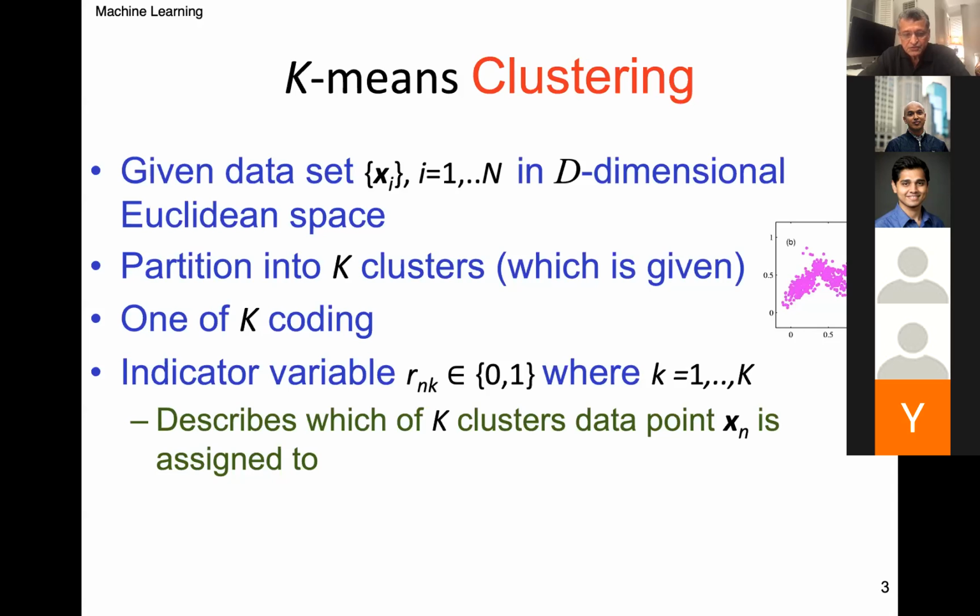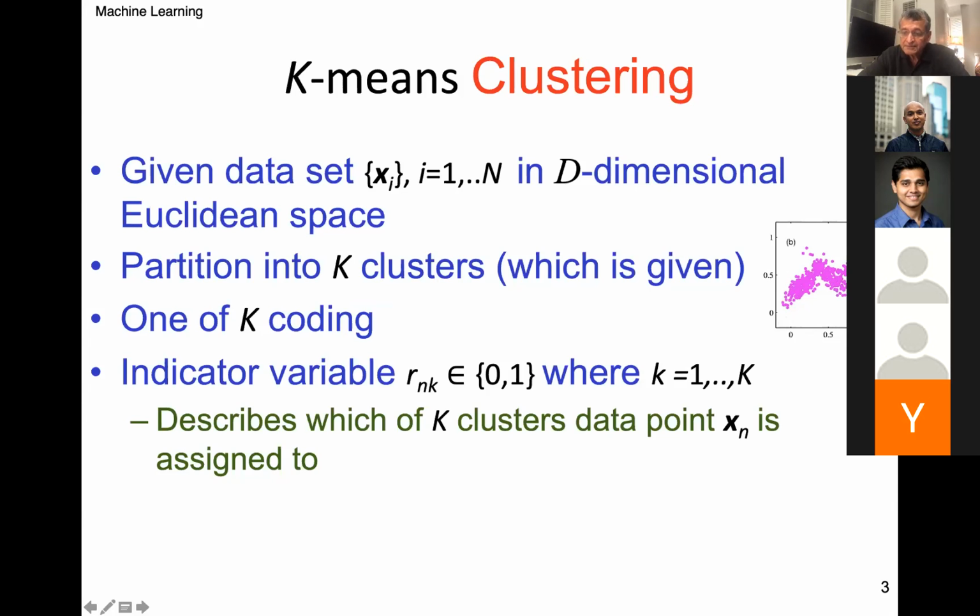For this, we use what's called one-of-k coding, the same idea we've looked at before. Look at this data over here. We're given this data in a two-dimensional space and asked to label, let's say with k equal to 3, can you label these points as coming from 1, 2, and 3? There's some overlap. We can say it looks like there are 3 elliptical clusters here.